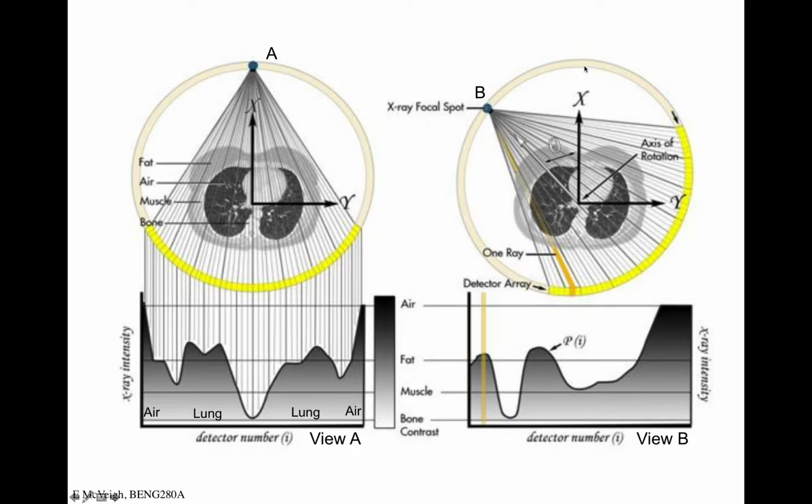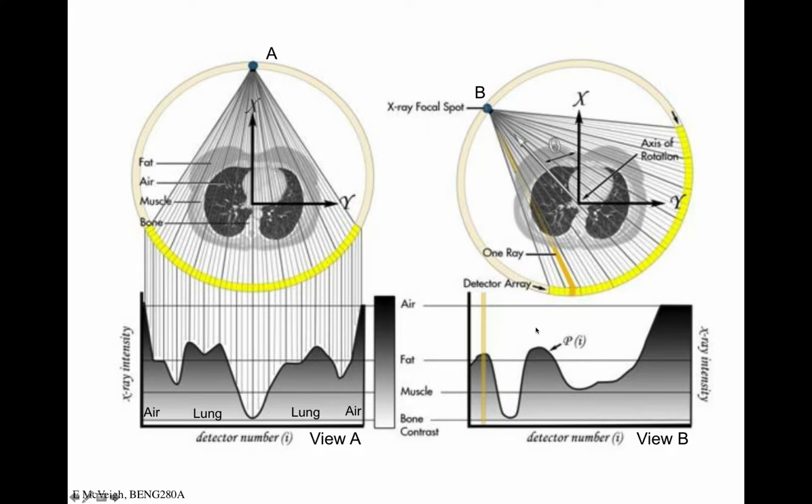So now we rotate our source to a new angle, and now the central detector is here. It's going through less bone, right? It might have hit a rib here or something, but it's not going through the sternum or the spine. The central detector is looking back at the source through mostly soft tissue, and so the central detector has a higher intensity of X-rays on its count.